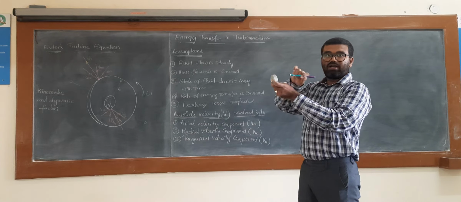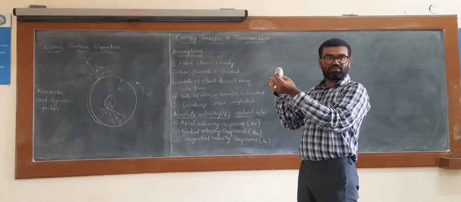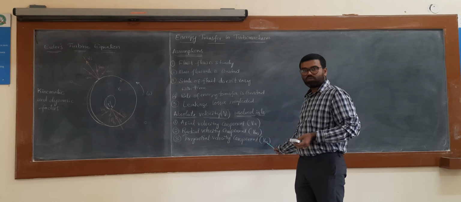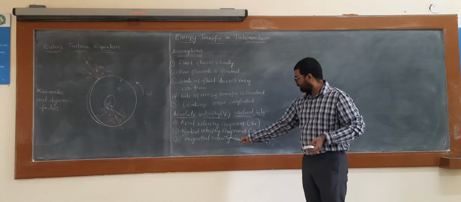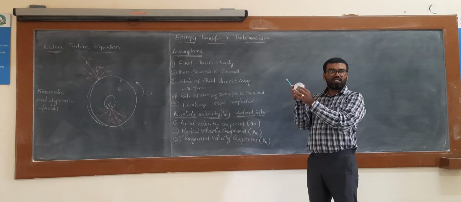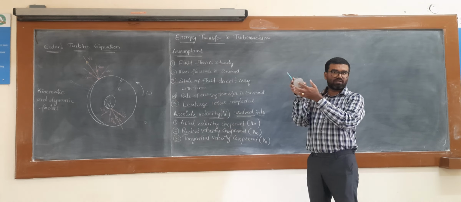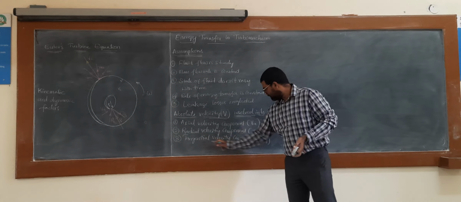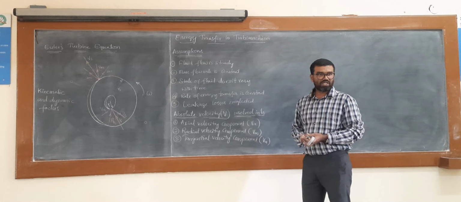But the VU causes the tangential movement of the rotor, like this. So we need to consider the tangential velocity component VU in deriving the Euler's turbine equation. Why? Because the tangential velocity component will cause the rotation or tangential movement of the rotor. That's why we will consider the VU, tangential velocity component, to derive the Euler's turbine equation.